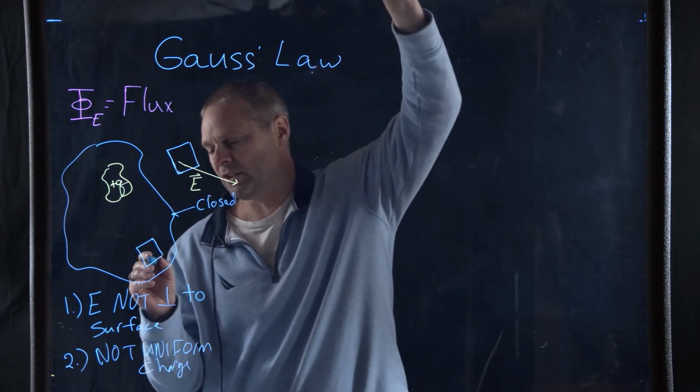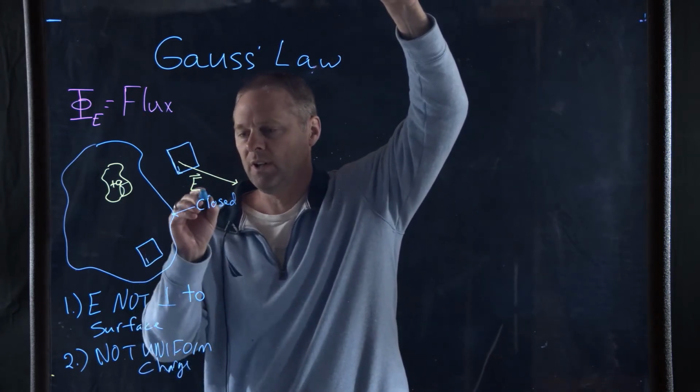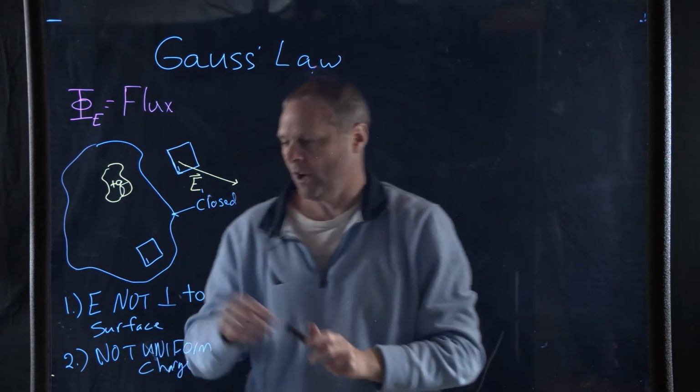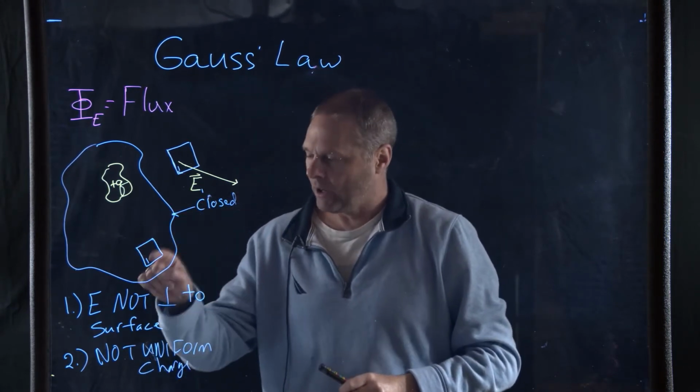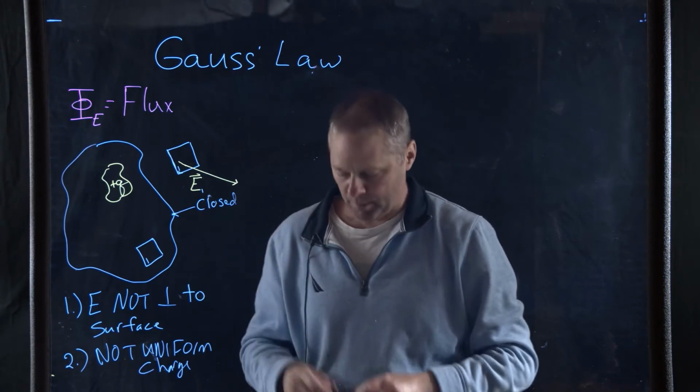Let's say this is surface 1, and this happens to be electric field 1 as well. We just cut a portion of it out.